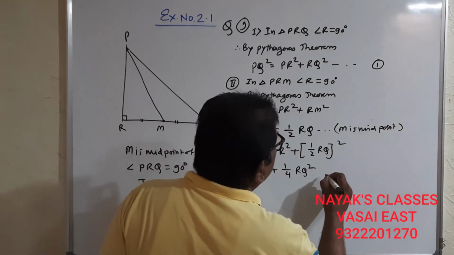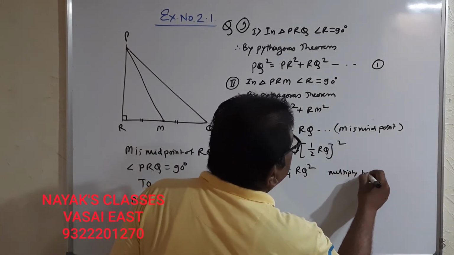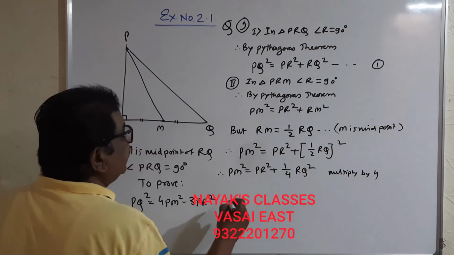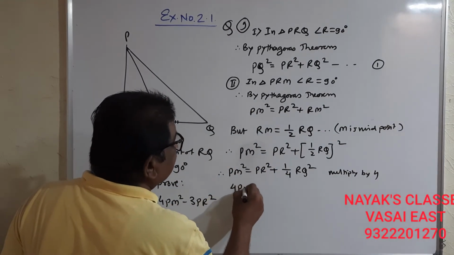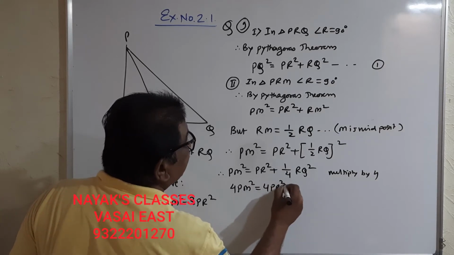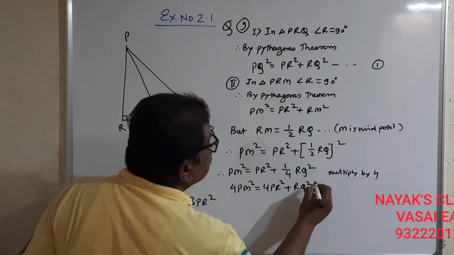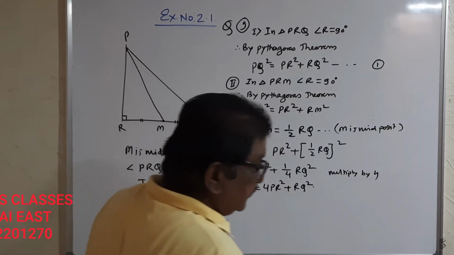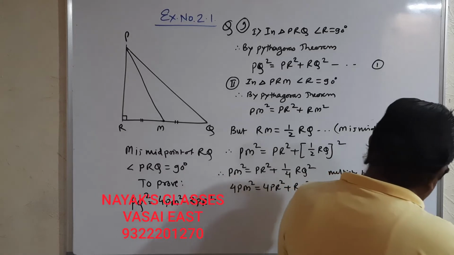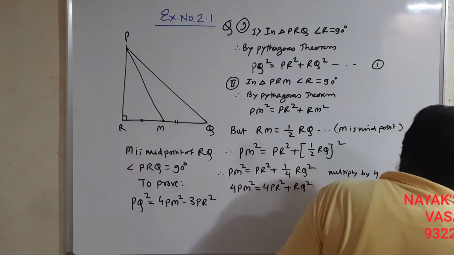Now multiply by 4, we get 4 PM square is equal to 4 PR square plus RQ the whole square. See, here is the thing which is very important. You have to keep in mind.